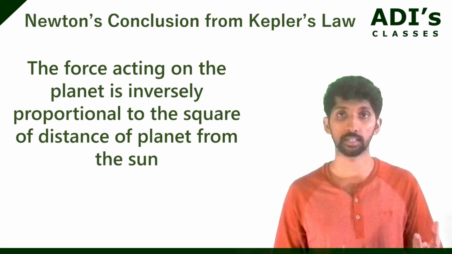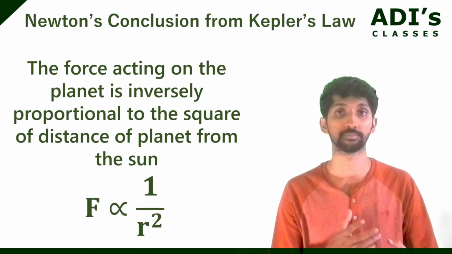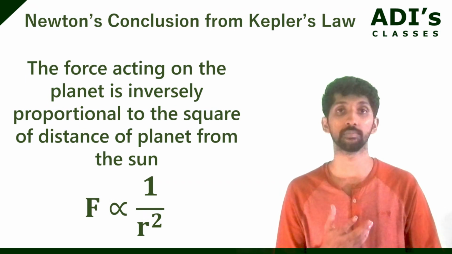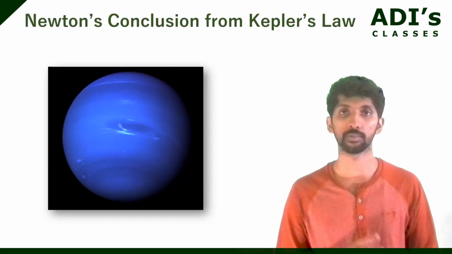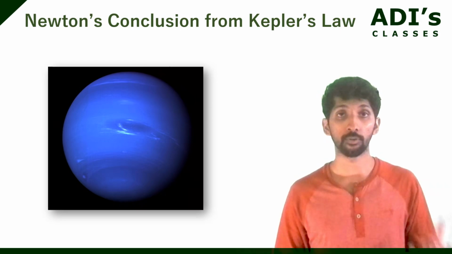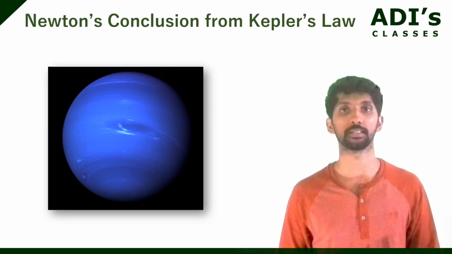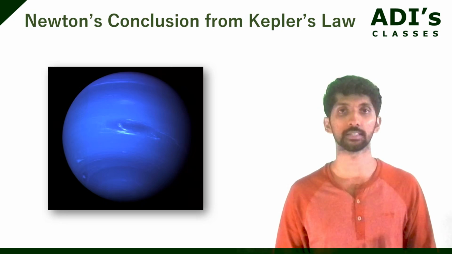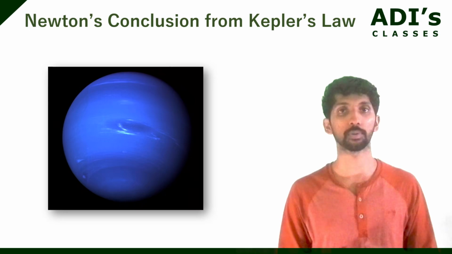So this is the reason an object which is very far, let's take an example of Neptune, one of the planets which is very far from the sun, experiences very little force from the sun. It is very less because it is the square of the distance, and that is inversely proportional.